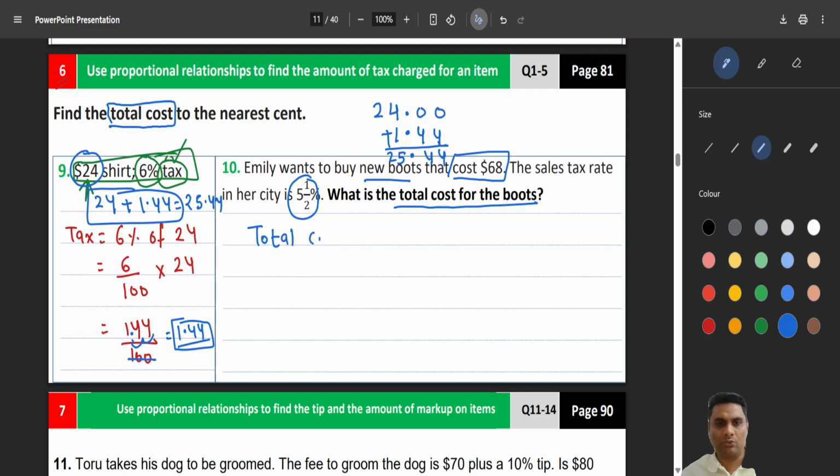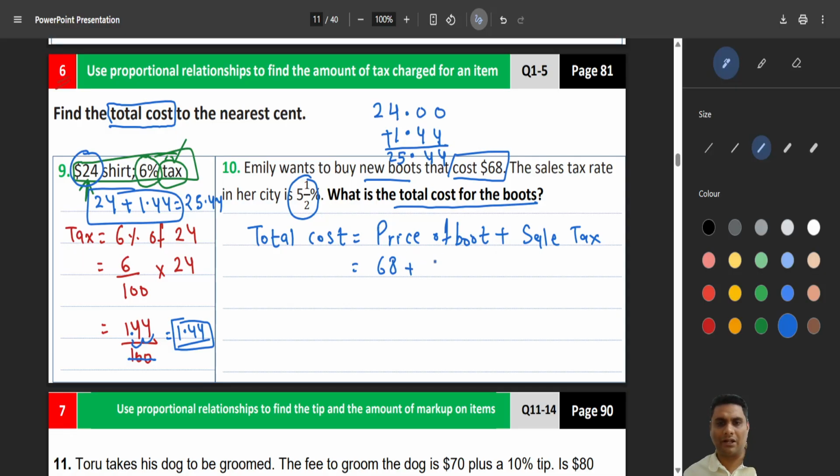To find the total cost, we have to add the price of the boots plus the sales tax that she has to pay. Let me write it like this. Price of the boots is 68, correct? And what is the tax?